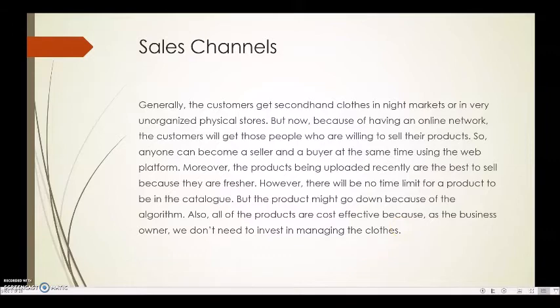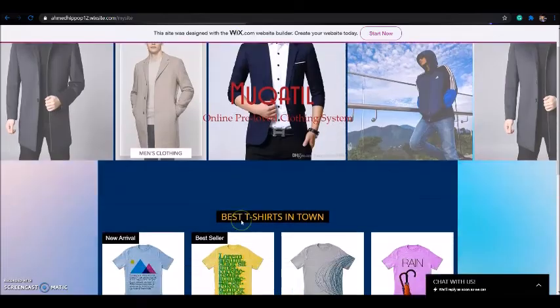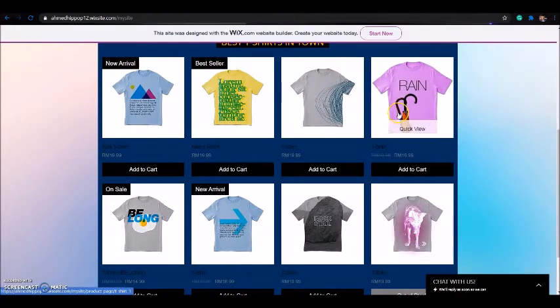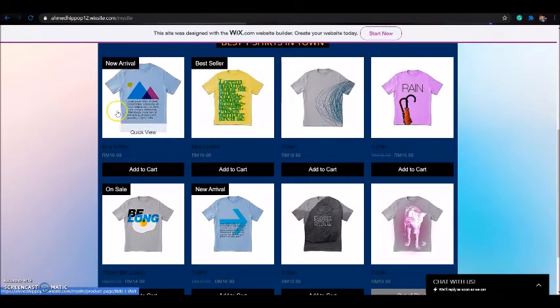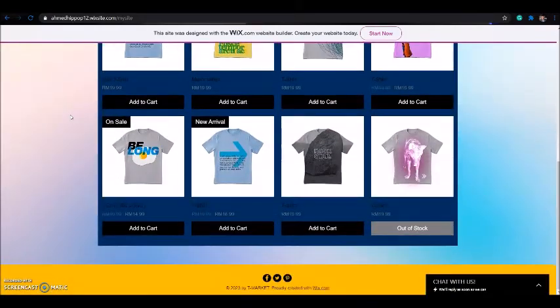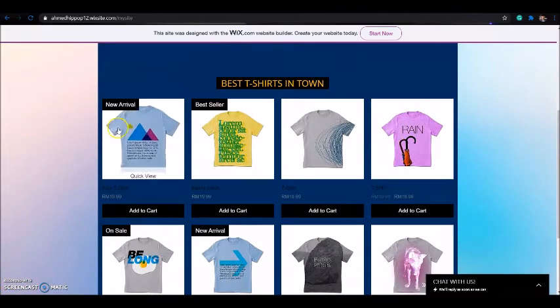Thirdly, sales channel. We think there will be no time limit for a product to be in the catalog. That means there will be a catalog that is updated all the time, and people will be able to see what products are there. For example, this here is the catalog, and over time the sellers will upload pictures of their clothes here, and the buyers on this page will constantly look at the products.